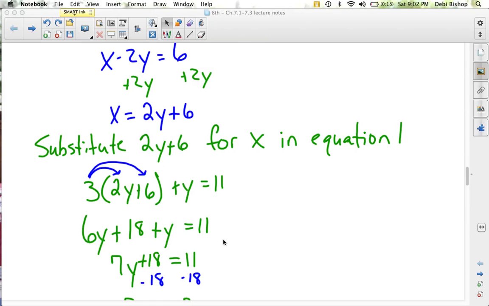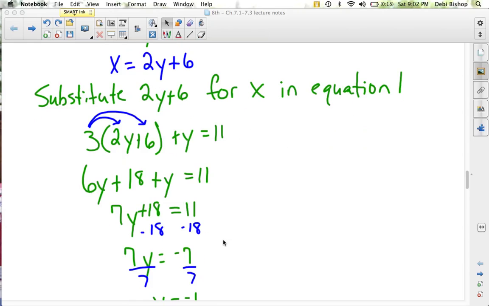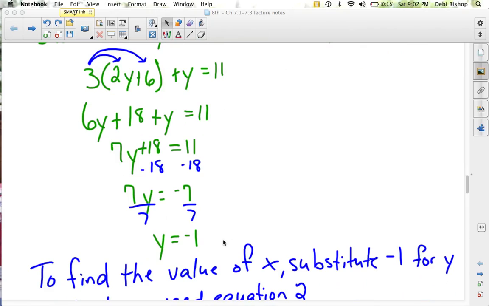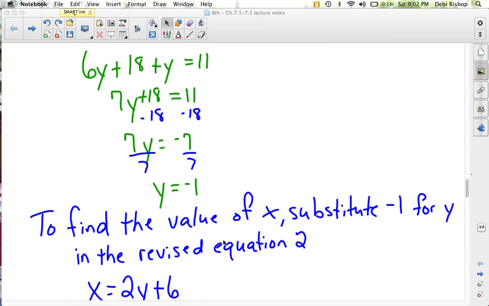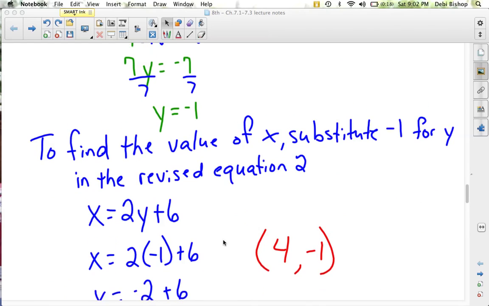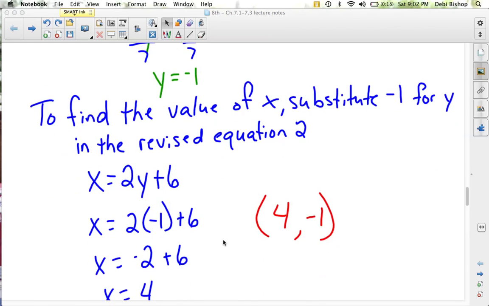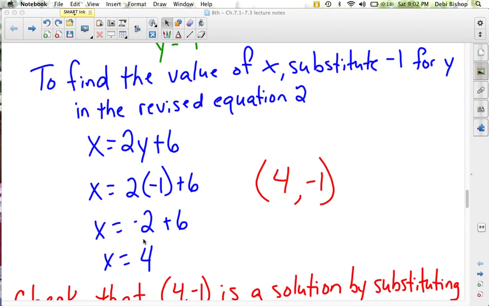I combine like terms, 7y plus 18 equals 11. And I isolate and get 7y equals negative 7. Divide by 7 and I get y equals negative 1. Now you substitute in negative 1 for y in my revised equation 2. So x equals 2y plus 6. I substitute in negative 1 for y and I get x equals 4.